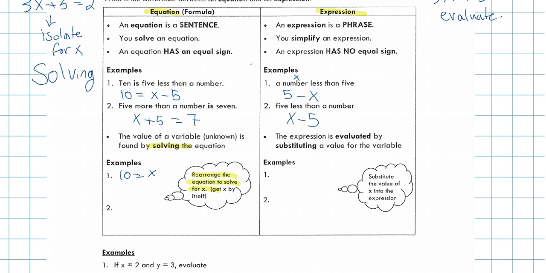What do I do? Move the negative 5 over, it becomes positive 5, right? So that's 10 plus 5 equals x. So x equals 15. I found the value of x that satisfies this equation by doing the opposite operation.